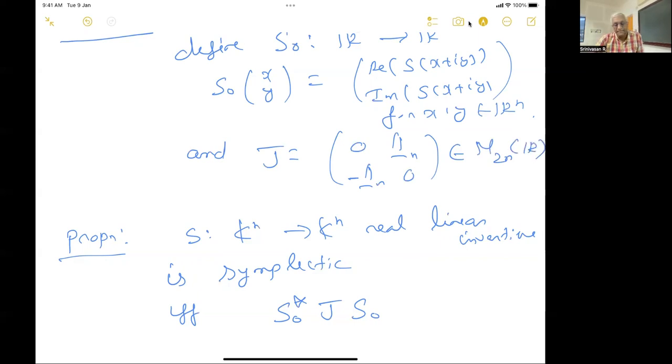This is a block matrix. Incidentally, the S naught is also given as a block matrix where each entry comes from an n cross n matrix.